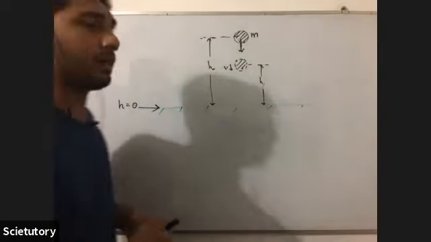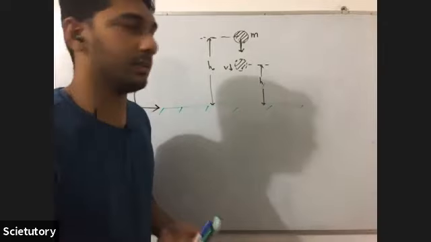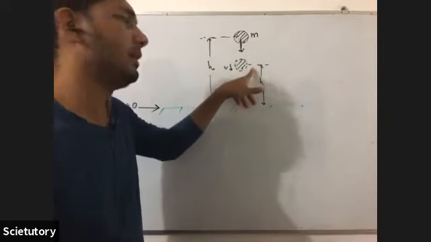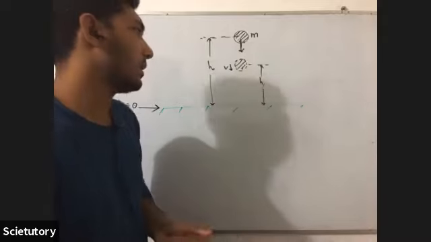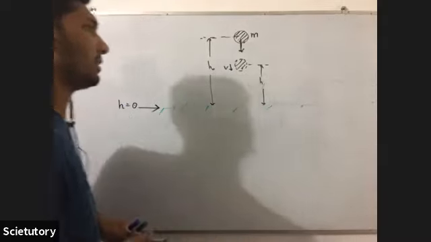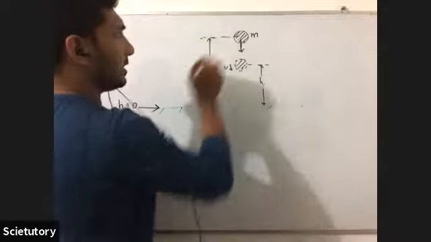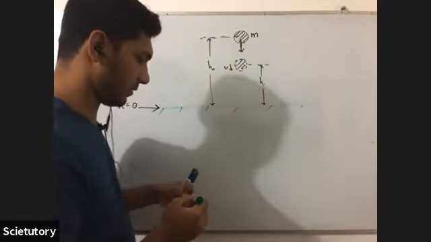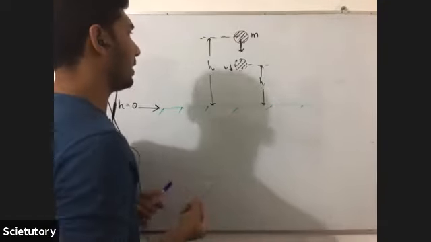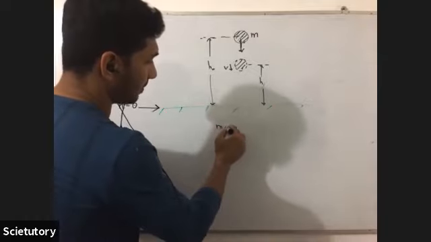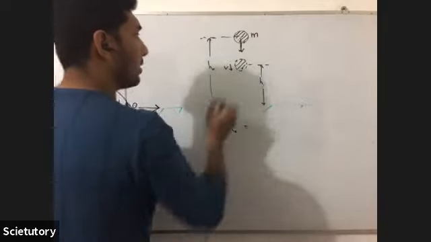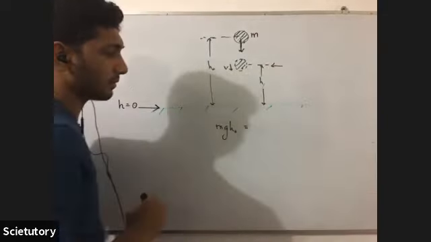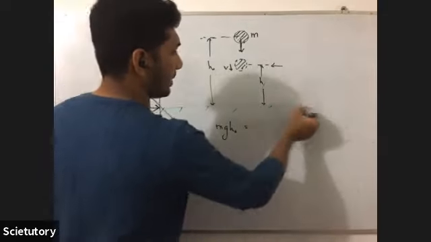So now we are going to relate the energies here and here. So according to the law of conservation of energy, what is the equation? So initial total energy is what? Small m g h naught, at this level. So you measure the height from here.